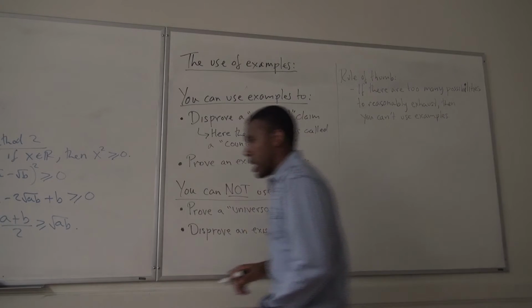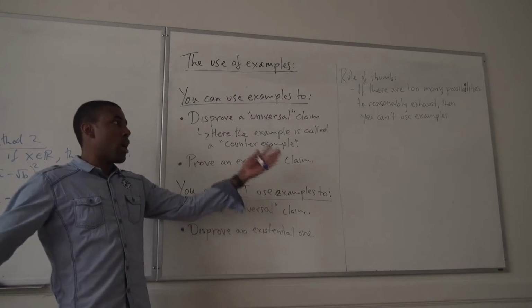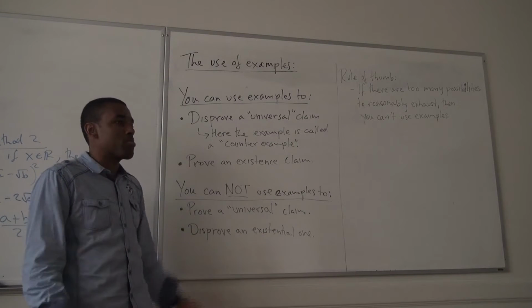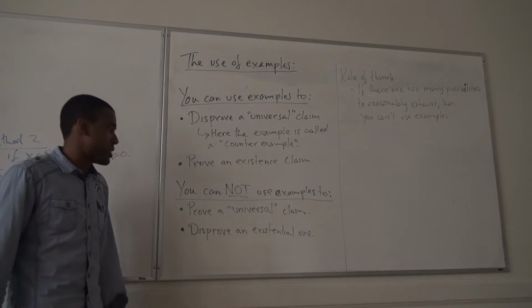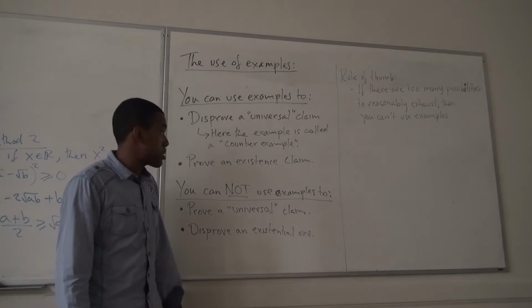Obviously, if we have an infinite number of cases to talk about, say you want to say something about all odd numbers or all even numbers, then you can't use an example because there's an infinite number of them. You'd have to give an infinite number of examples to prove that by example, which is impossible.